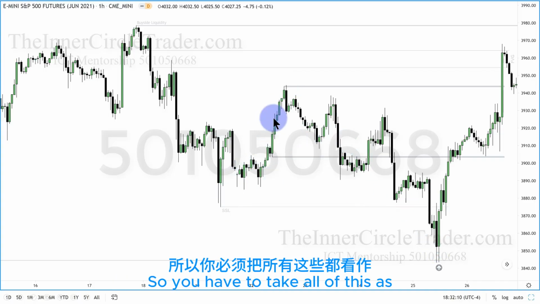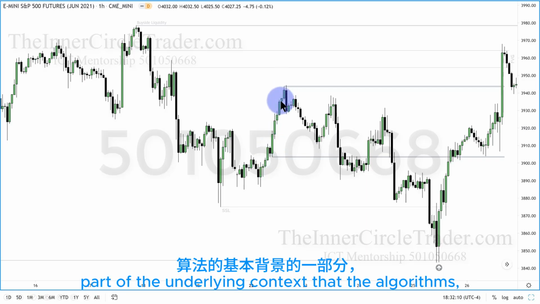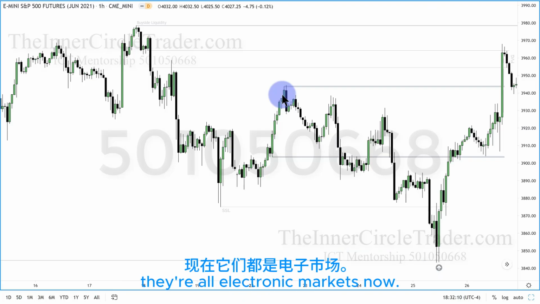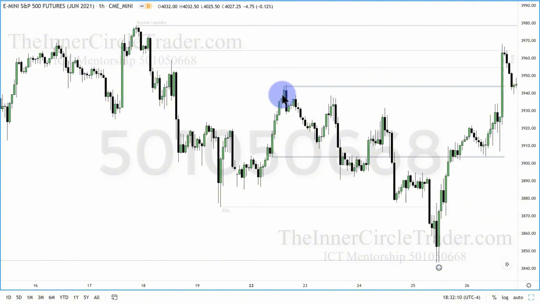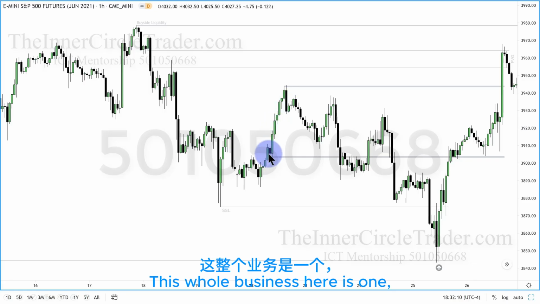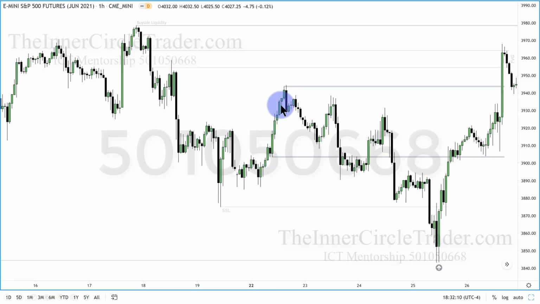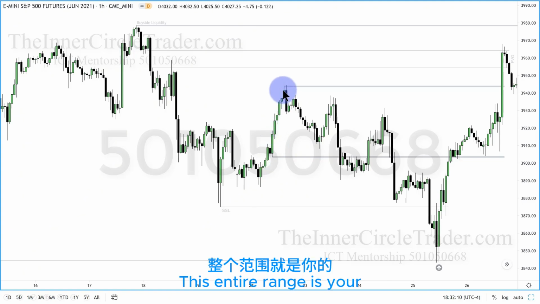So you have to take all of this as part of the underlying context that the algorithms, which yes, there's an algorithm that prices E-mini S&P futures now. They're all electronic markets now, so they're going to be manipulated, they're going to be controlled. This whole business here, these 1, 2, 3, 4, 5, 6 candles up, this entire range is your bullish breaker.